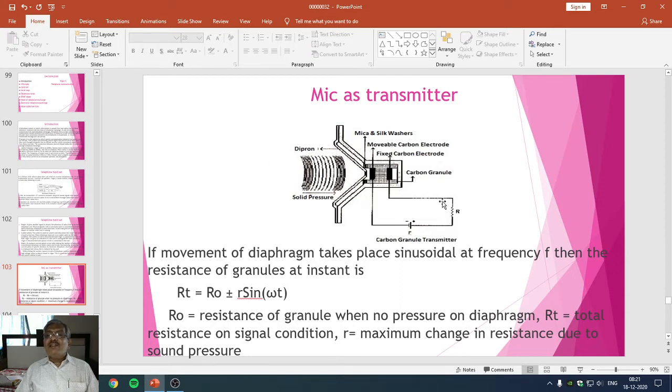This generated voltage pulse is sent to the telephone link, to the telephone exchange. This is the role of the mic: to convert the acoustic sound signal into its corresponding electrical signal, which is then given to the telephone link up to the telephone exchange.